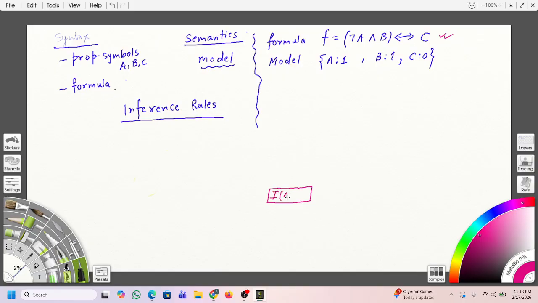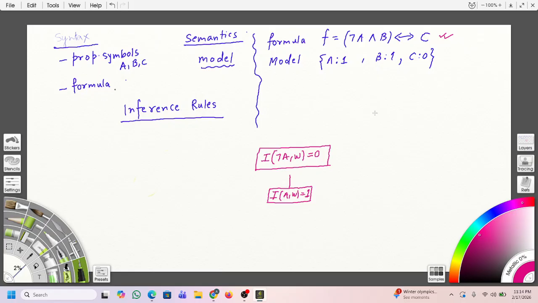That means I of A, W is given to us as 1, because here the value of A is given to be 1 in the model. Now if I try to calculate the value of negation of A, comma W, this will become equal to 0, because if it is 1 then its negation will be 0.